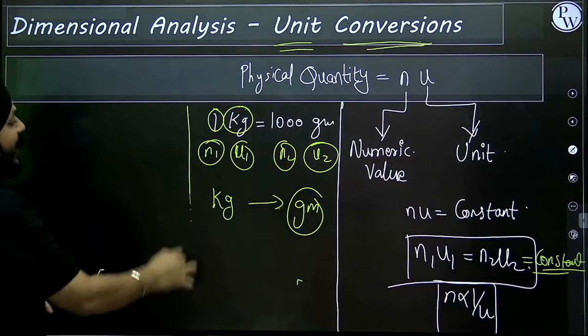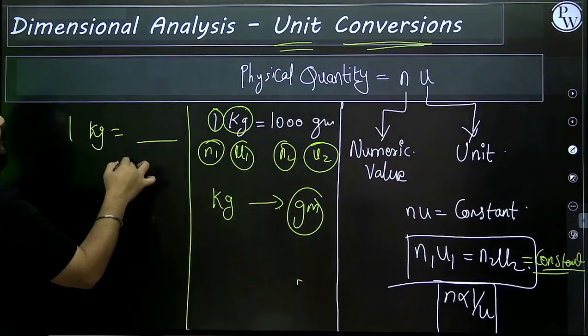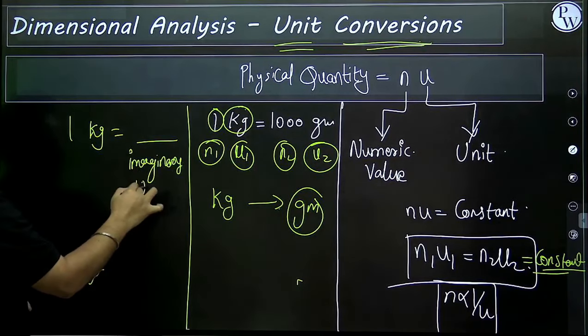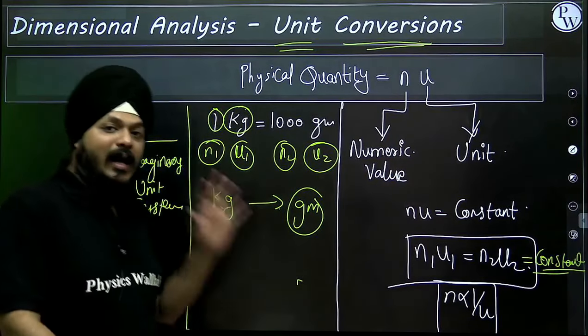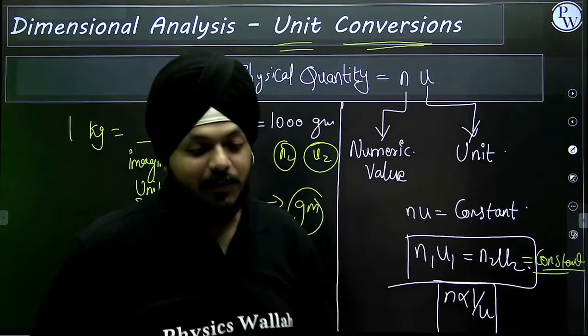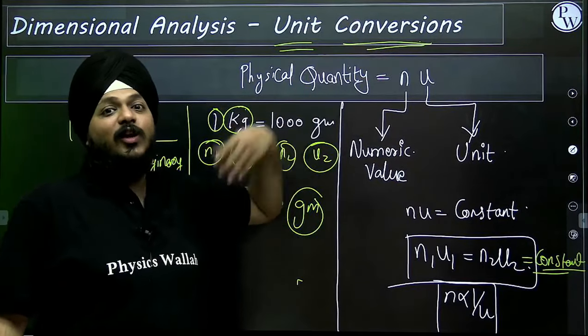Suppose I am asked to convert 1 kg into some imaginary unit system. It is not compulsory; according to dimensional analysis, you can create your own imaginary unit system. It's not a big deal.